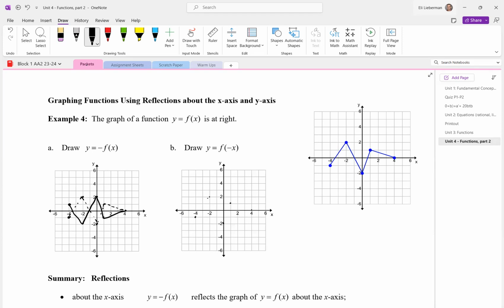Optional, but recommended to do that every time you're doing a transformation.